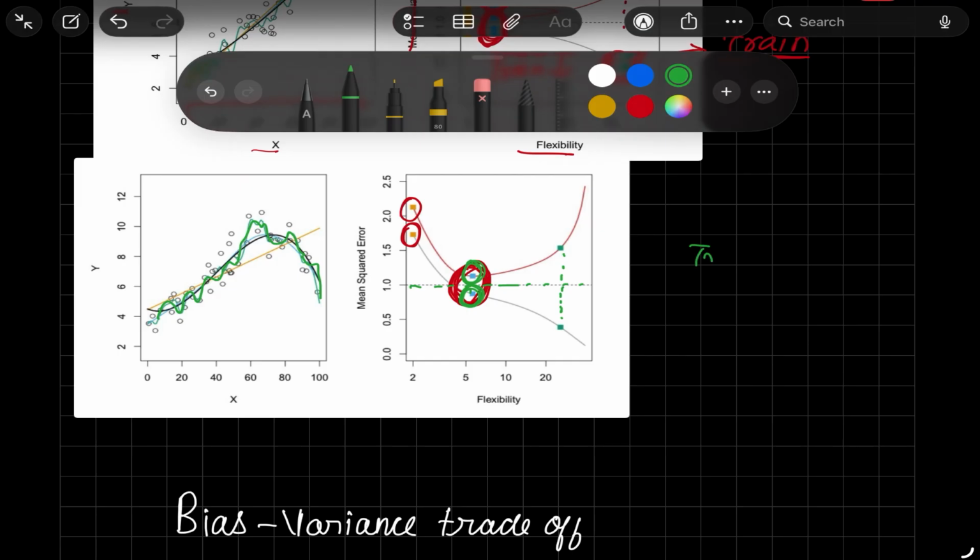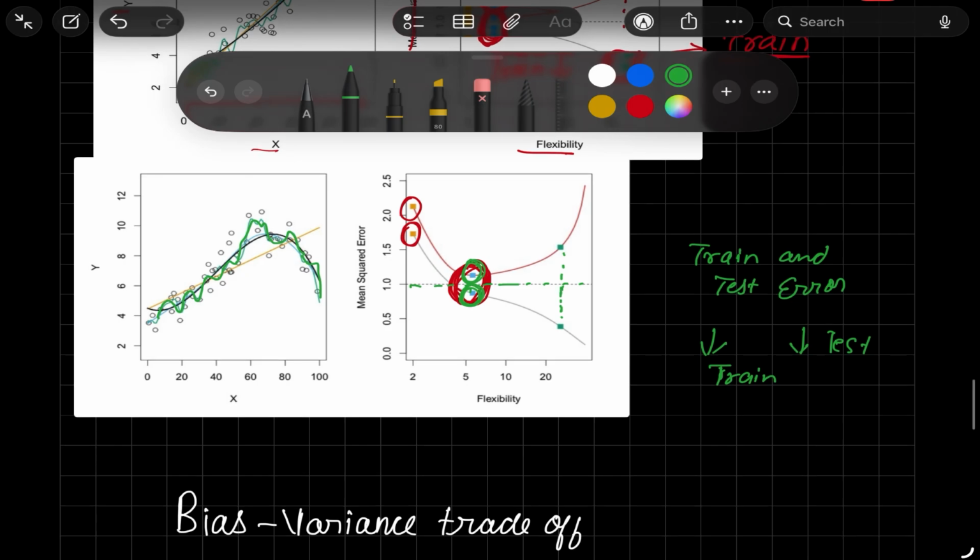We need both train and test error. We want the sweet spot where the train error is low and the test error is also low. Train and test both are low. We want this approach, not just the train error being low and the test error high. This is a very bad way to generalize.